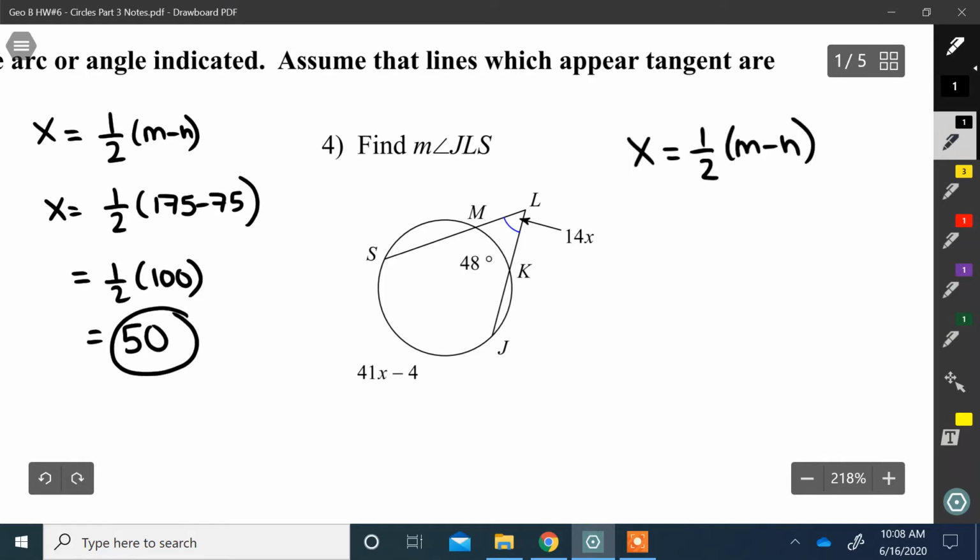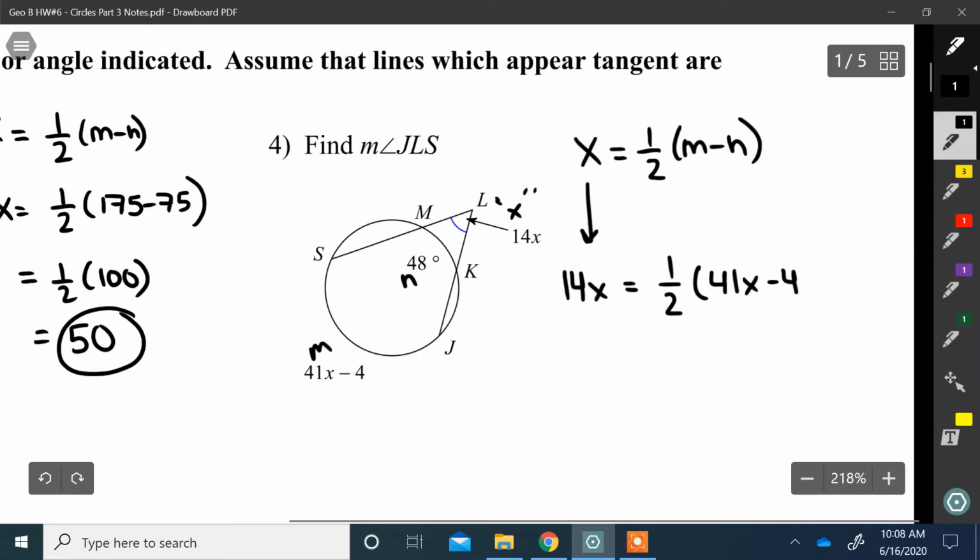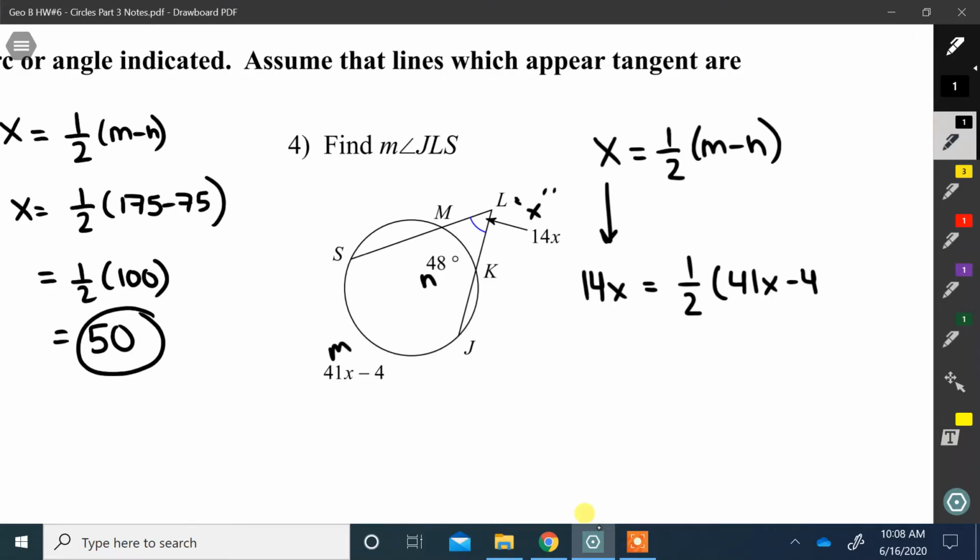Similar to the one we just used, where this right here is considered my x, this is my m, and this is my n. So my x becomes 14x, the m becomes 41x minus 4, minus 48.